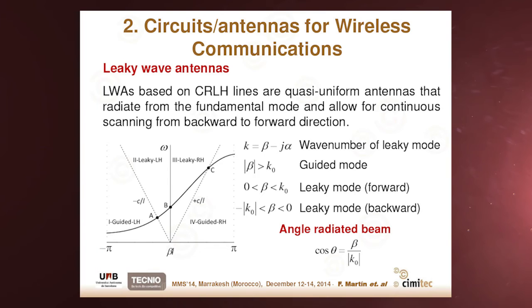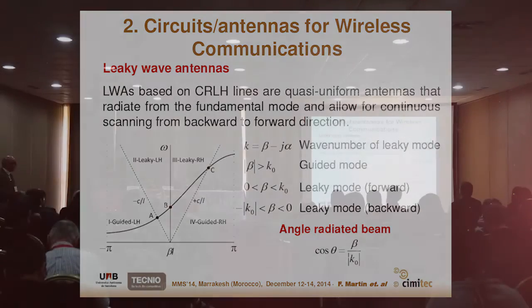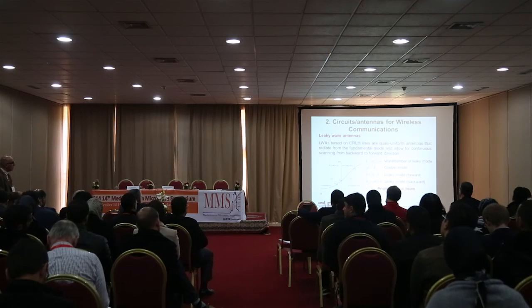Okay, now if we denote by k the wave number of the leaky mode, being beta the phase constant, if the phase constant is larger than the free space wave number, then the mode is a guided one. But if beta is smaller than k0 but positive, then we have a leaky mode, okay?